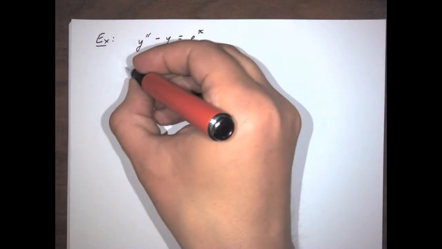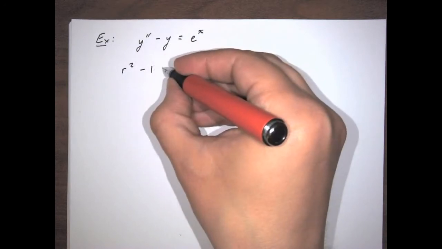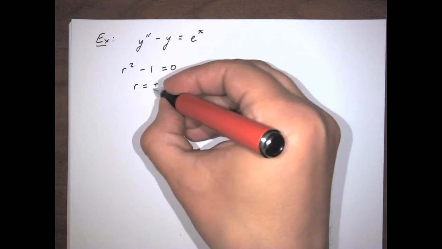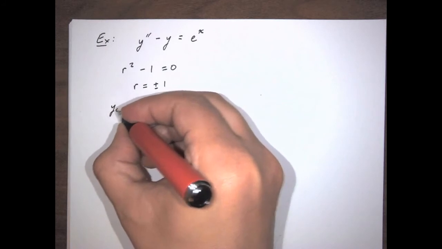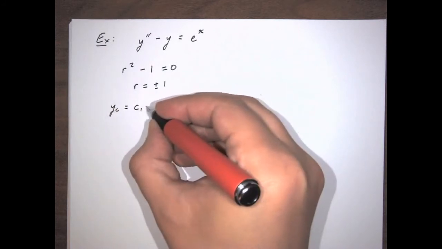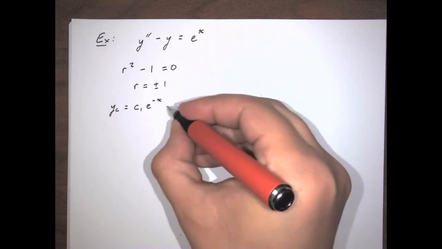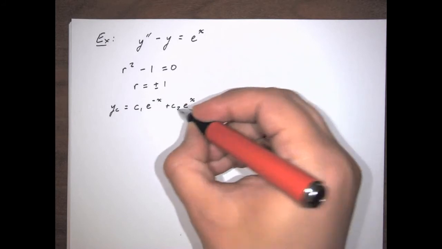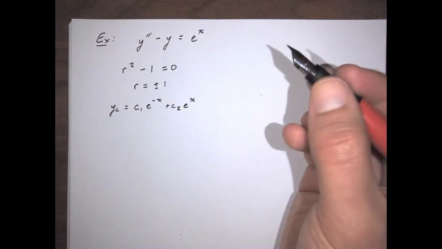So here we have r squared minus 1 equals 0, which gives us r equals plus or minus 1, which gives us a complementary solution of c1 e to the negative x plus c2 e to the x. And it doesn't matter which of the c's goes with which of the r's.